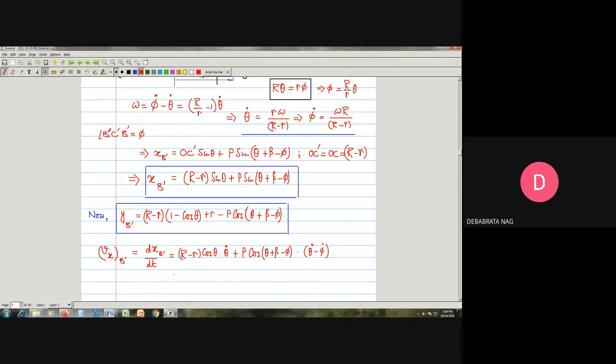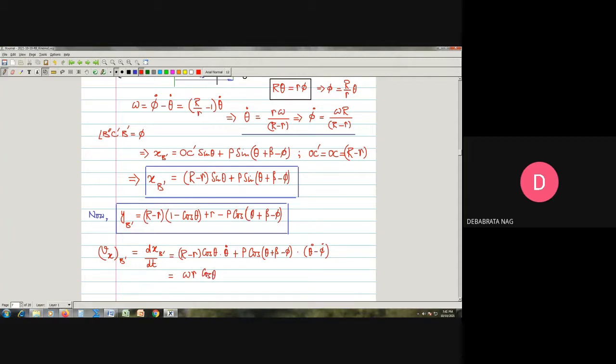So if we simplify, this becomes equal to, you now put theta dot. Theta dot is obviously equal to omega into r minus r. So theta dot into (R minus r) is basically equal to, so these two will be clubbed together. Capital R minus small r into theta dot will be clubbed together, and it will become equal to omega into r. So we can write this is equal to omega into r into cos theta.